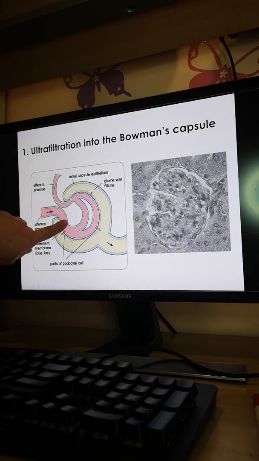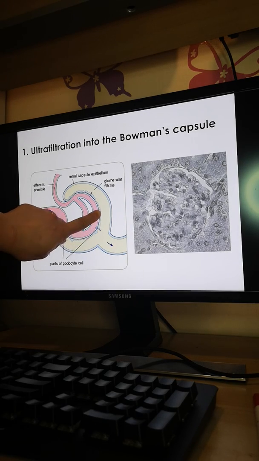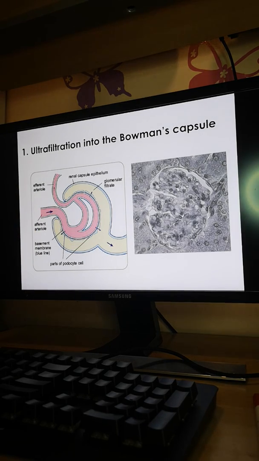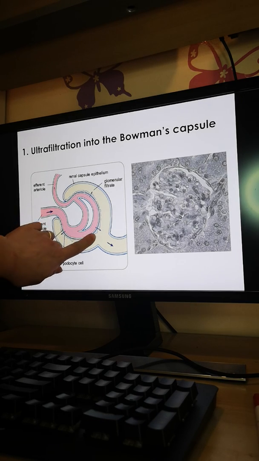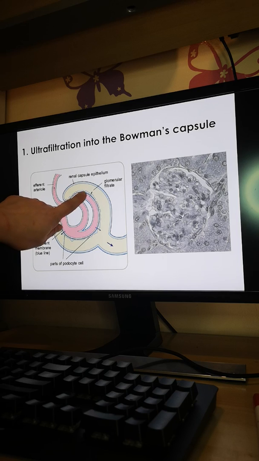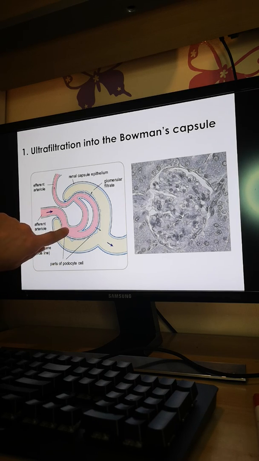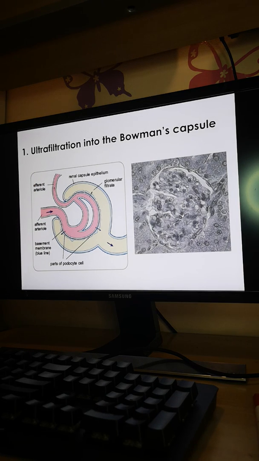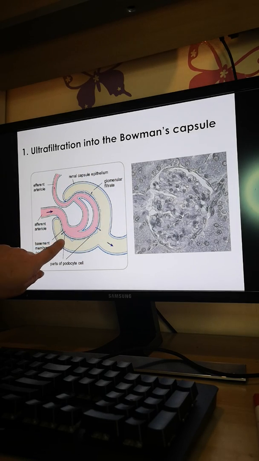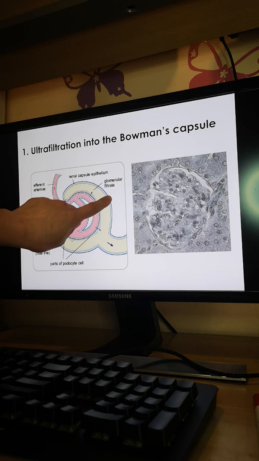Now we know the capillary walls are permeable. We can see from the Bowman's capsule wall that that's got pores as well. There is a basement membrane, this blue line here, between those two that holds them tightly together, and that's got holes and pores in it as well. So some people call this Bowman's capsule a molecular sieve.